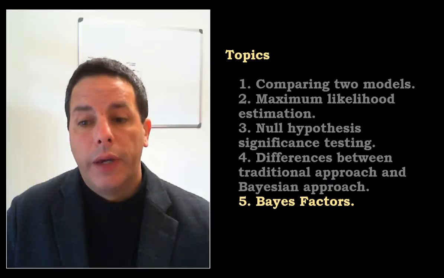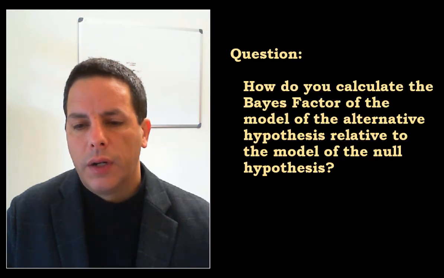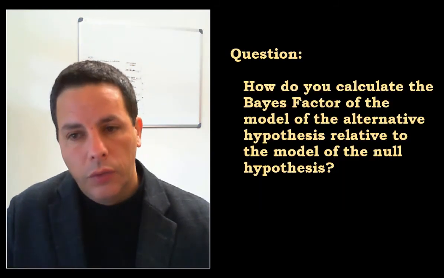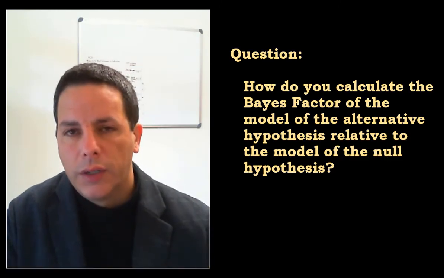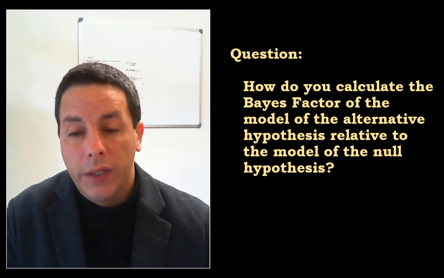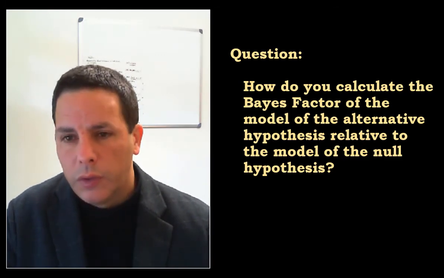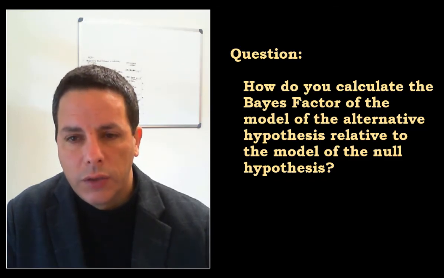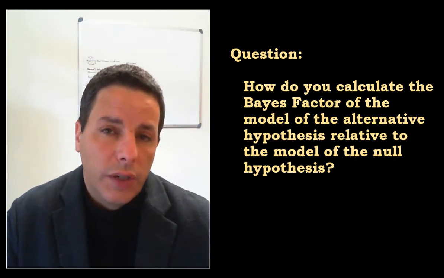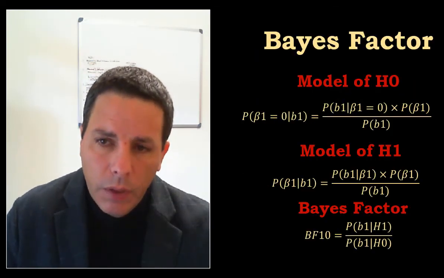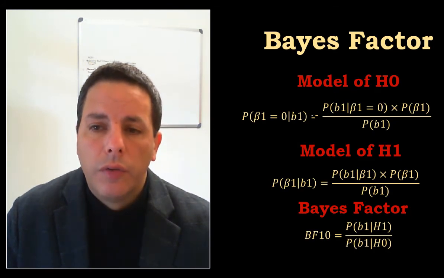The final topic is the Bayes factors, and as I said in the masterclass, after you went through all the aspects of the Bayes theorem, then doing the Bayes factor becomes quite easy. So the question before I go through that is, how do you calculate the Bayes factor of the model of the alternative hypothesis relative to the model of the null hypothesis, which is what I did in the masterclass. Okay, so we've got the model of the null hypothesis, we have the model of the alternative hypothesis, and those models have a probability of observing.